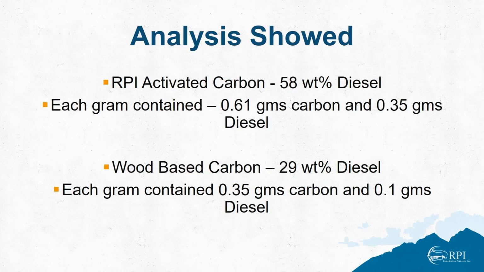We, at the same time, did the same thing with some other carbons, and just to show you all carbons are not the same, here was the data from wood-based carbons. And the wood-based carbon was able to pick up 29 weight% diesel. This actually surprised me a little bit, because if anybody's looked at electron micrographs of wood-based carbon, the honeycomb structure, I thought, would allow absorption of a lot more weight of diesel fuel.